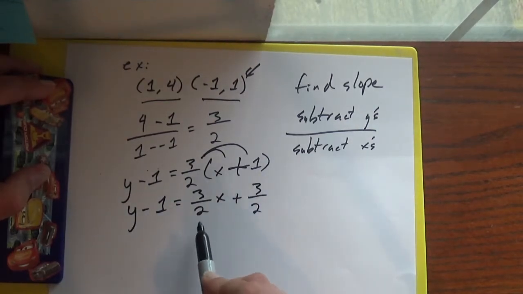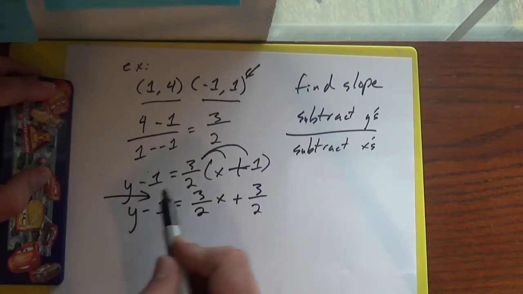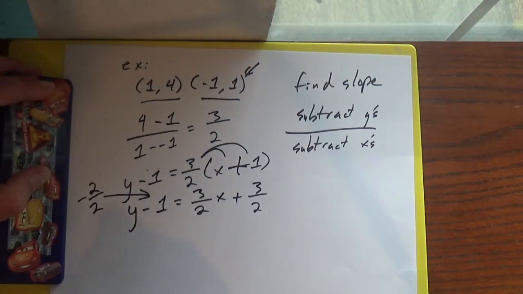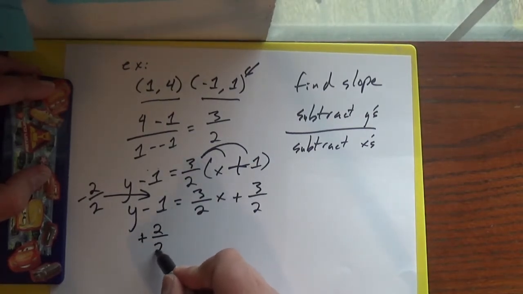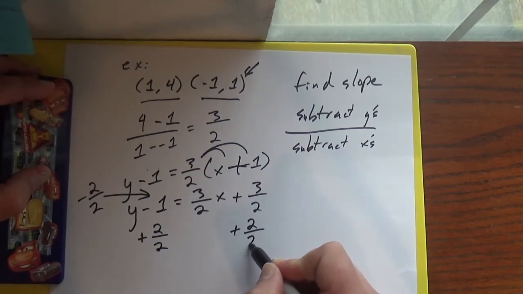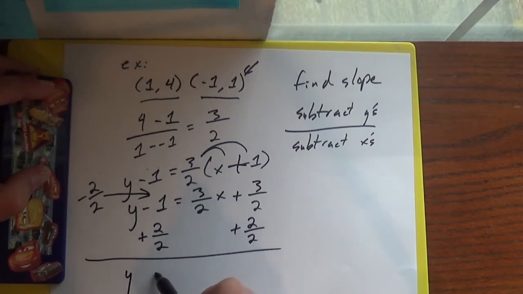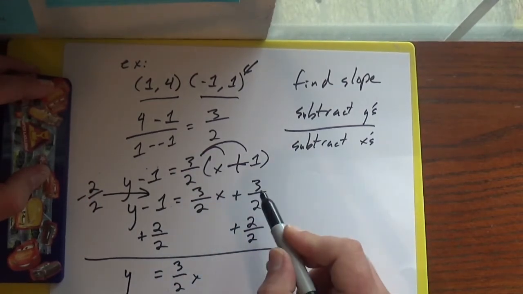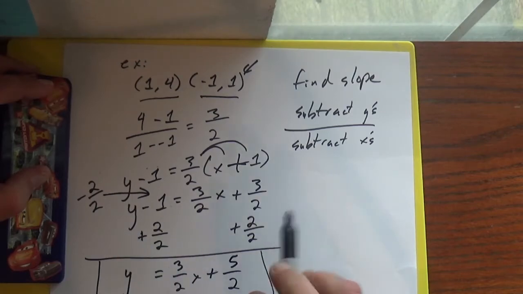I've got halves, halves. I need this to be halves also. So that would be the same as negative 2/2. So this is negative, so I'm going to add and add. My y comes down, my equals comes down, my 3/2 x comes down, and 2 plus 3 is 5/2. And now I've got my slope-intercept equation.